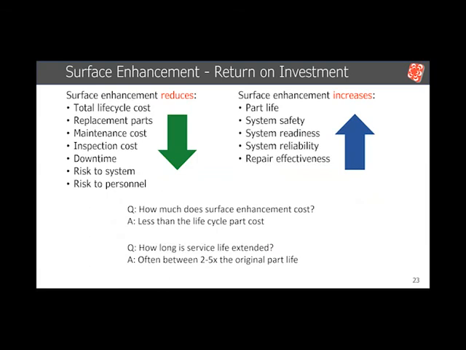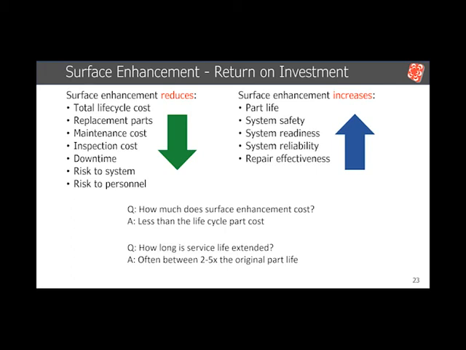Surface enhancement is also about the return on investment. Obviously we're making an investment by applying that to the surface of a part to extend its life. What we want to do is reduce things like the total life cycle cost, or replacement of parts, because if a part wore out due to fatigue, I've got to replace it with a new part to put the product back into service.